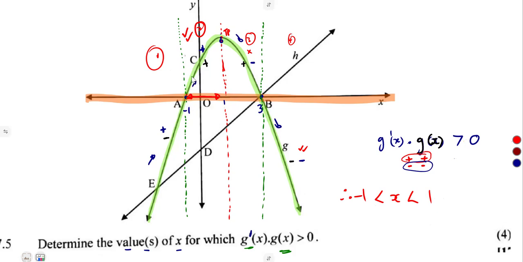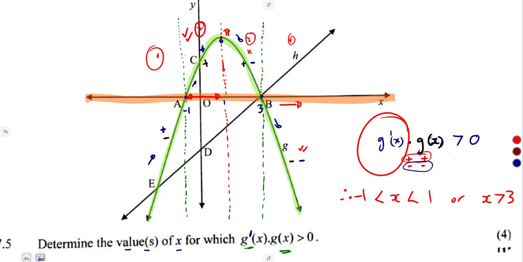And for the fourth one, compared to 3, these values, they are greater than 3, where both are what? Negative. So x is greater than 3. So this will be the two sets of your solutions. This is how we answer our questions.